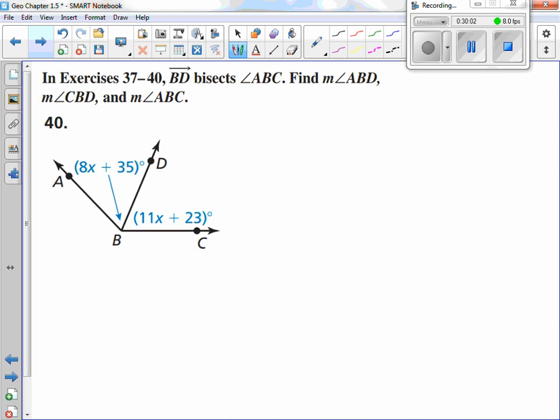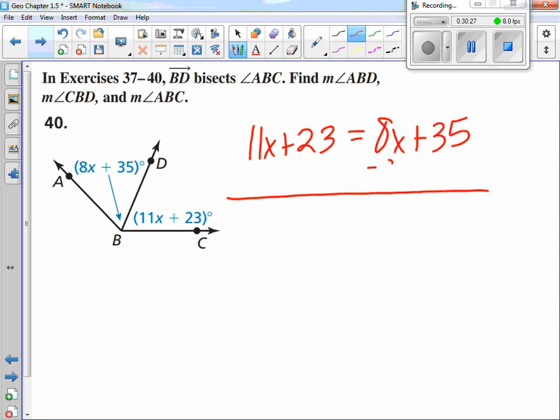So if this line bisects these angles here, what does it do? It cuts them in half, yes? So those two angles are the same, yes? So we're saying 11x plus 23 is equal to what? Solve for x.